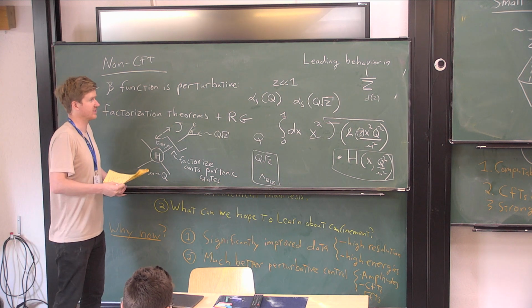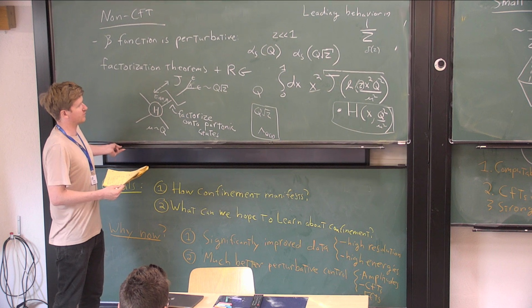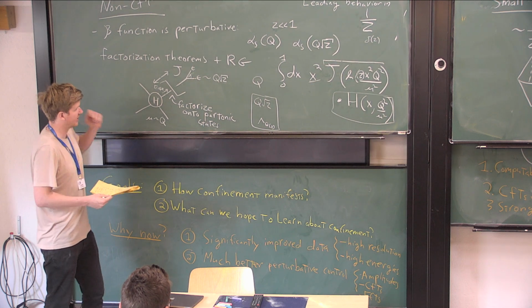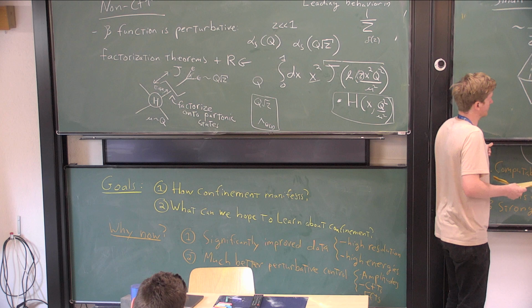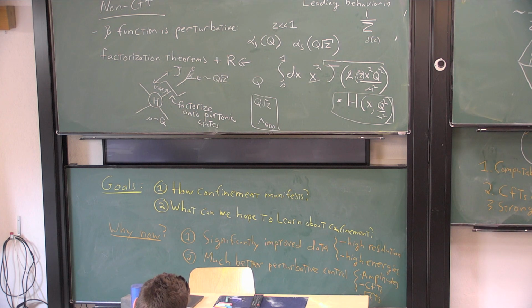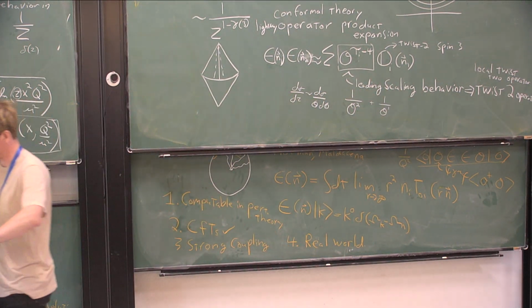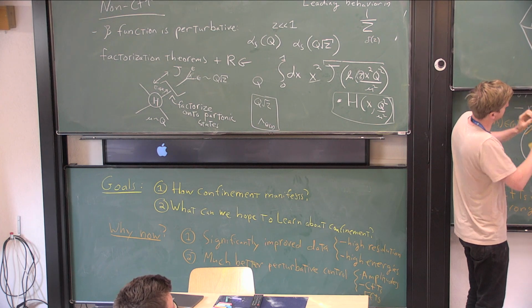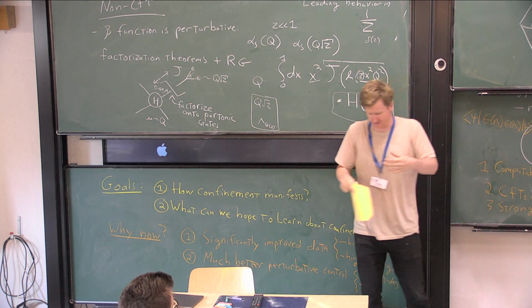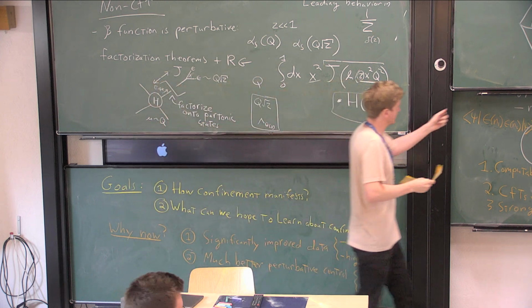Because I want to get to showing the plot, I'll just state one difference between the conformal theory and the non-conformal theory. In the conformal theory, you have this selection rule that only the j equals 3 operators appear. When you do this in perturbation theory, what you get are essentially derivatives in J about this particular point.